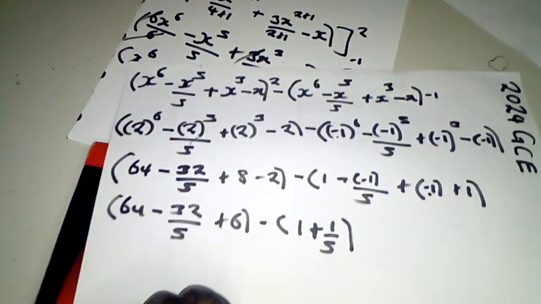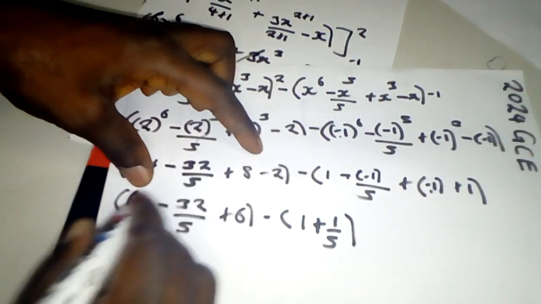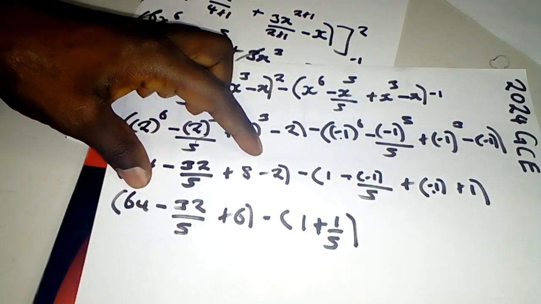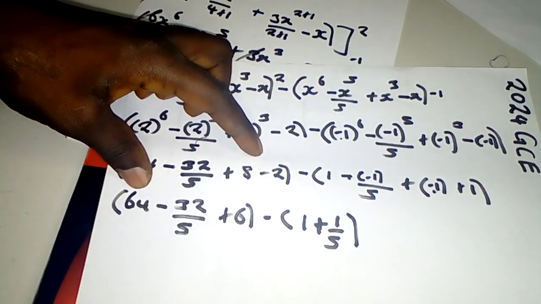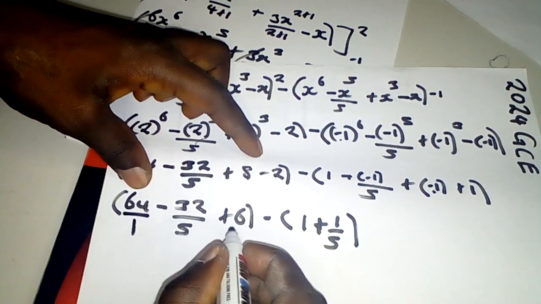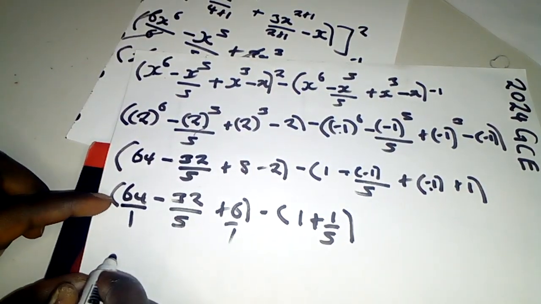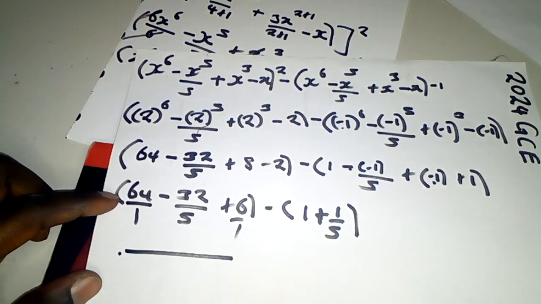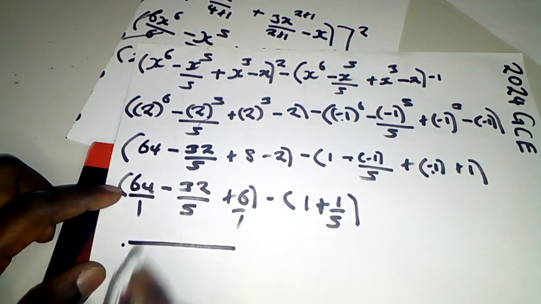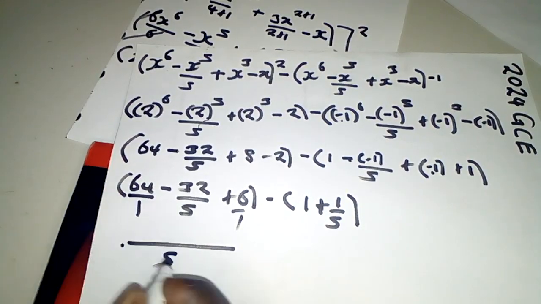Okay, now here we are going to find the actual value of this. What you can do here is put a 1 to balance the fractions. Then we can look for a common denominator, which is a 5 here, and begin to divide. 1 into 5, it's 5.